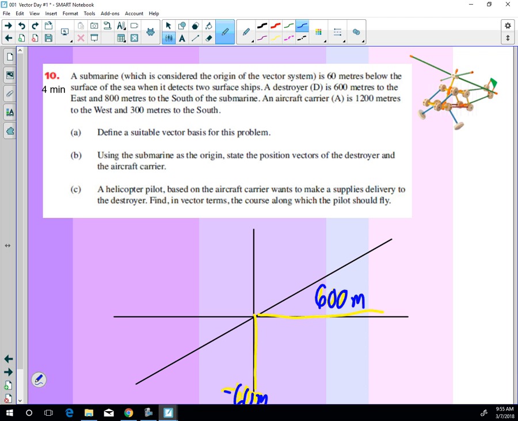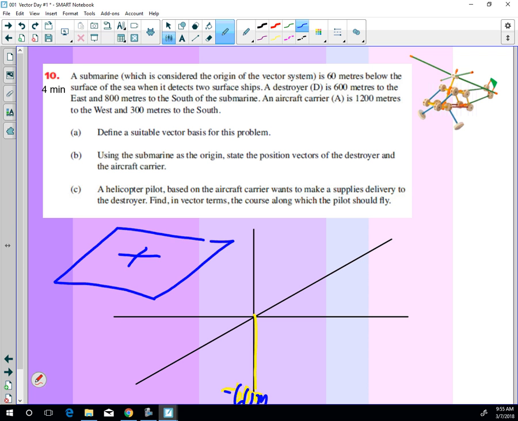And then where was the other one? It was south. Okay, so this one's going to be. No, the destroyer is 600 meters east and 800. Oh, okay. Here's the way I like to do this.